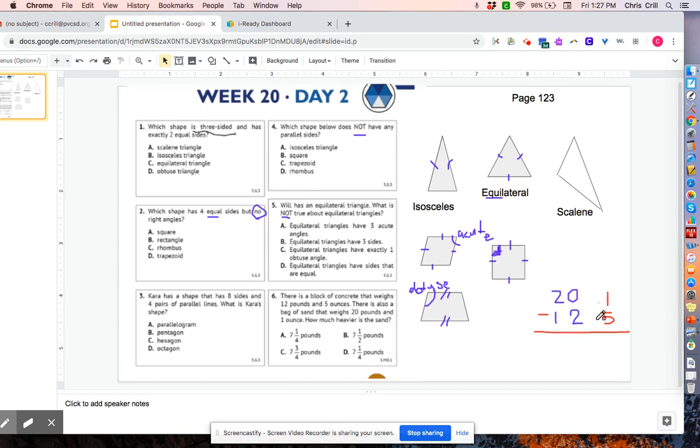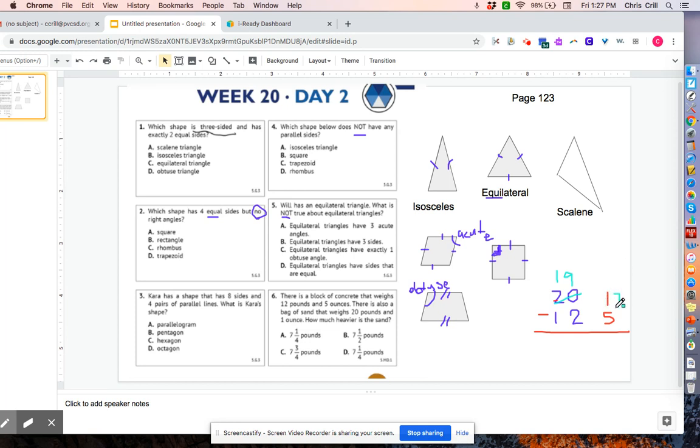What I'm hoping you recognize is that you cannot subtract 5 ounces from 1 ounce, but we could do a little regrouping here. So let's see what that would look like. I could take a pound away from my 20 pounds, and I can exchange that for ounces. How many ounces are in 1 pound? Hopefully you recall that there are 16 ounces in a pound. 16 ounces plus 1 would give us a total of 17 ounces.